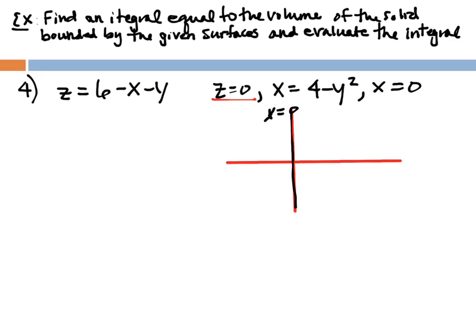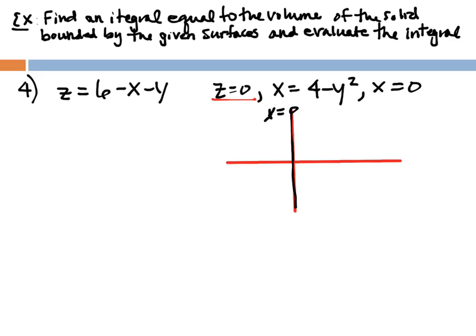Okay, so it's in either a left or a right parabola. How do we know it's left or right instead of up or down? It's y squared. Because it's y squared, exactly. If it were x squared, we'd be looking at something opening up or down. Why does it open left? Negative. Because there's a negative y squared, exactly. And so it opens left, so it's going to open like this.